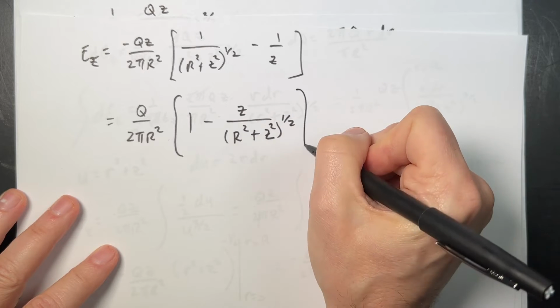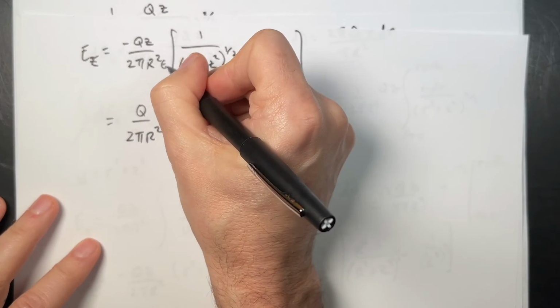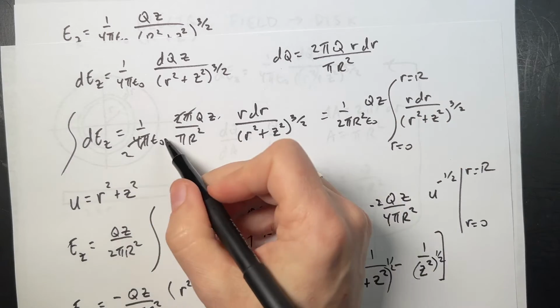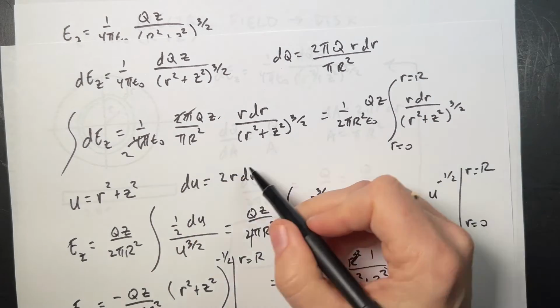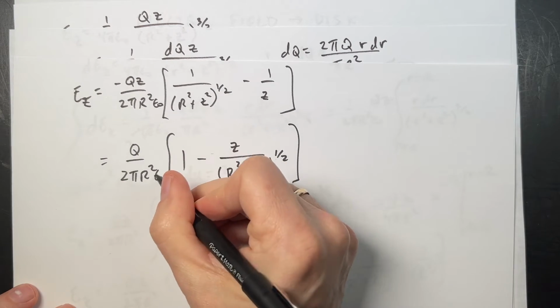That's the square root. Oh, there's an epsilon naught. Where did my epsilon naught go? Epsilon naught was right there. Dropped it. Okay, so there is an epsilon naught.